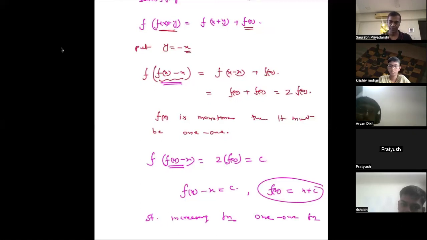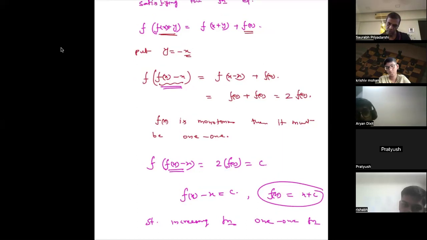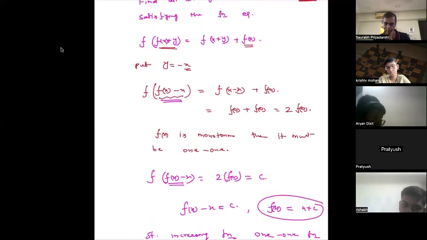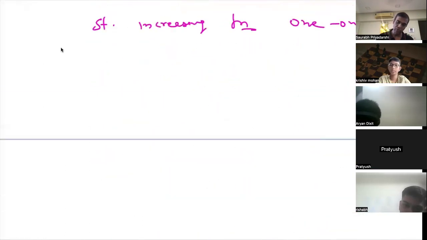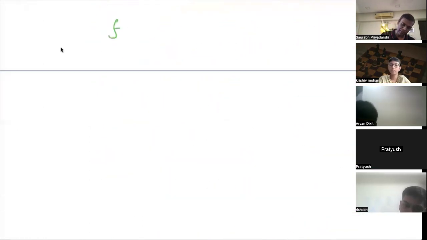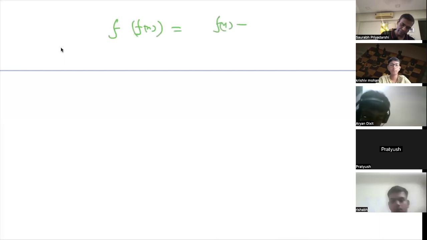Sir, in this question, can we do it by putting y equal to 0? If we put y equal to 0, okay, then you are saying f(x) is one-one, not bad. Yes, you are getting this. If you put y equal to 0, you get f of f(x) equal to f(x) plus f naught.